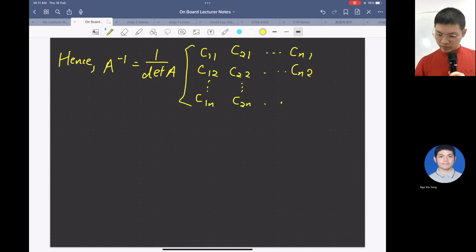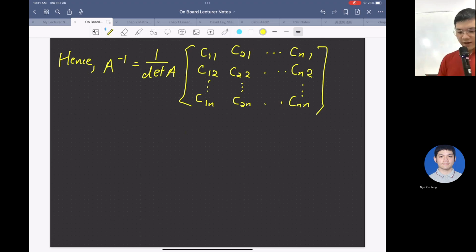So the inverse of A is actually 1 over the determinant, coming from Cramer's rule. And then the cofactor comes out by computing the determinant of A, where the I column is replaced by EJ, which is the cofactor.